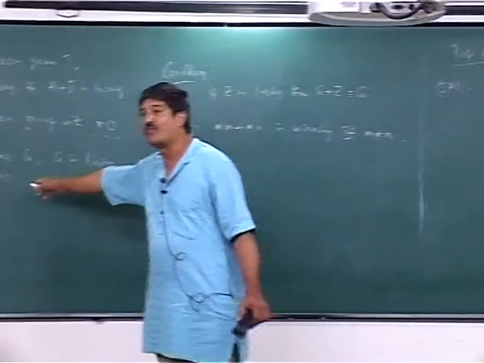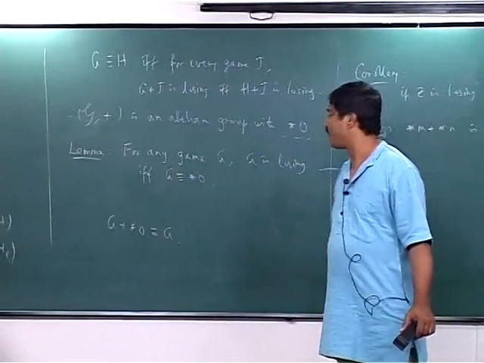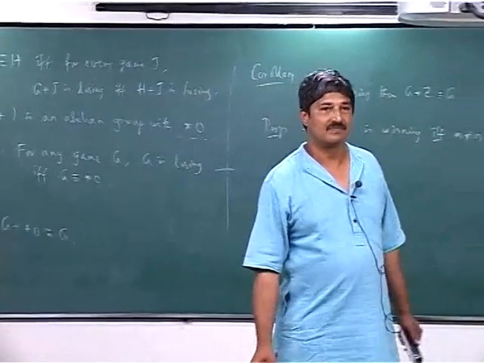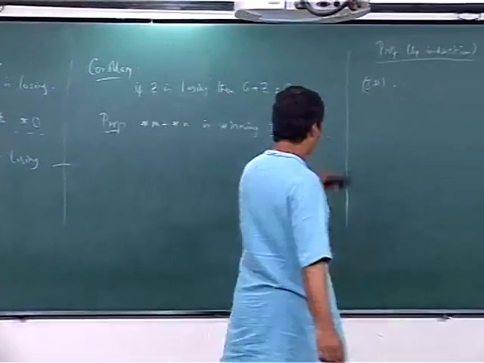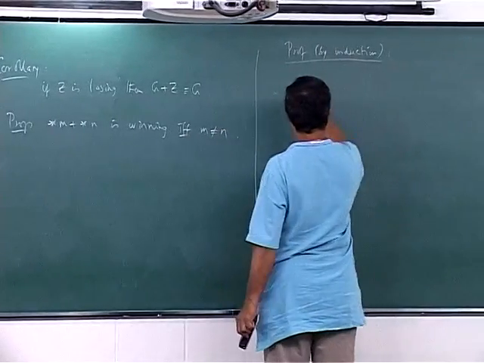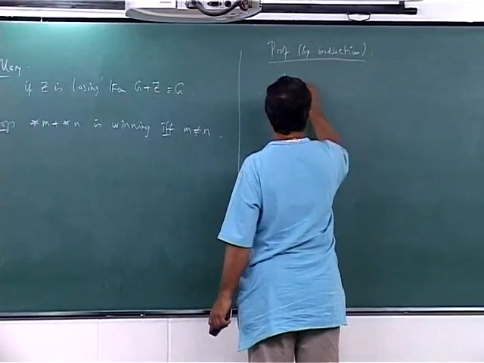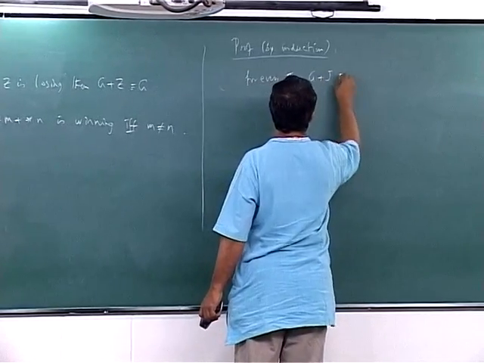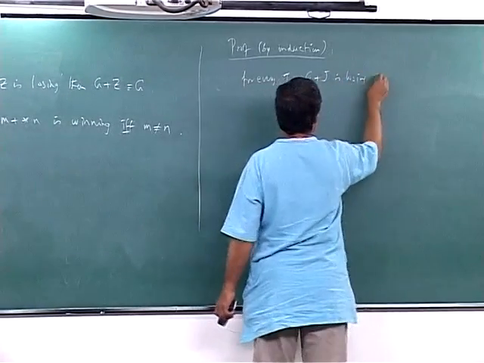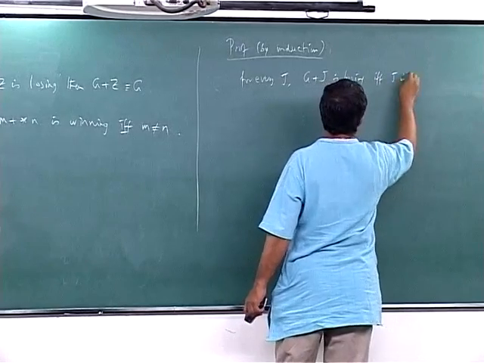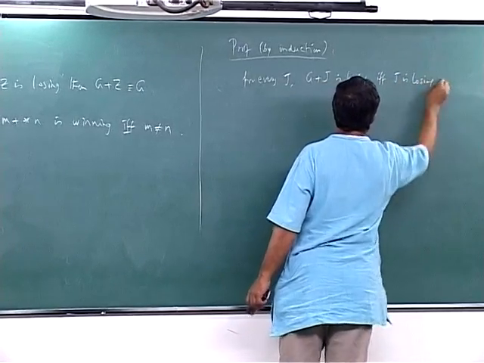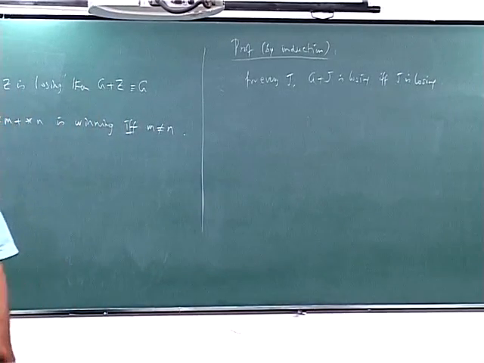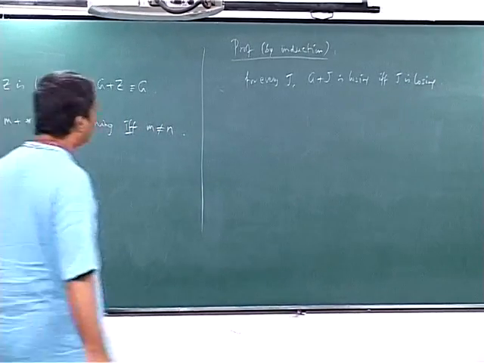What do you need to prove? To prove for every J, G plus J is losing, this is what we need to prove, right? We need to do this if and only if.